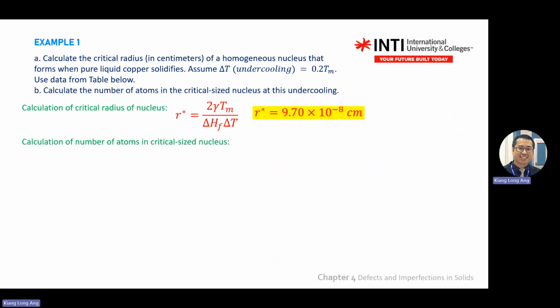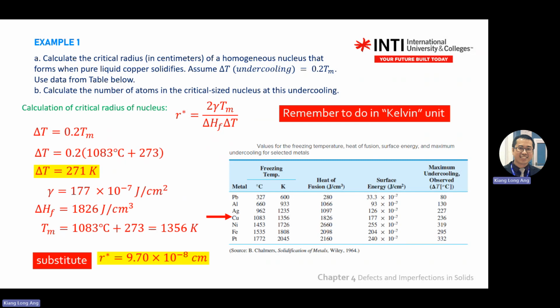How do you calculate the number of atoms in the critical size at this undercooling? What do you think? How do you calculate if you're given this formula?